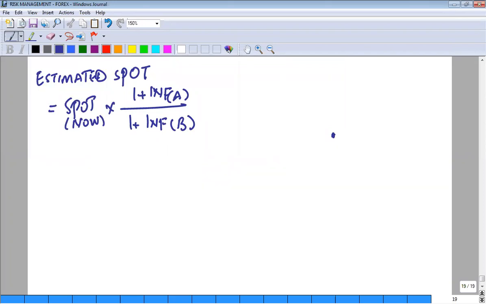For example, let's take a case. A spot Australian dollar per sterling is equal to Australian dollar 1.82 per sterling. Leave aside buying and selling.